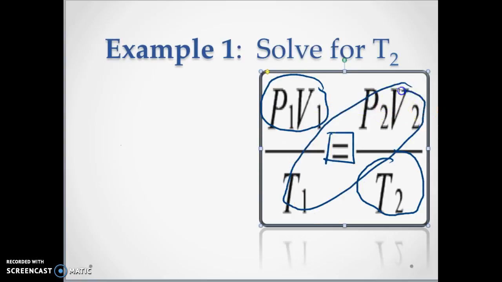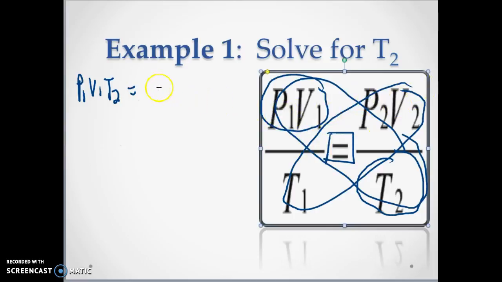So this side and this side right here. We're going to start with P1 V1 times T2. So P1 V1 T2 is equal to whatever's diagonal on the other side, which is P2 V2 T1. We want T2, so we want to isolate this.